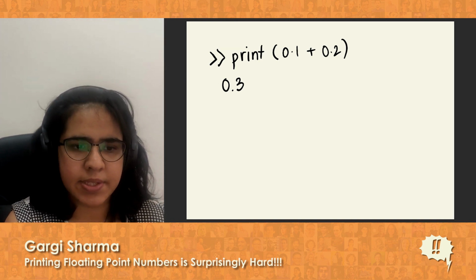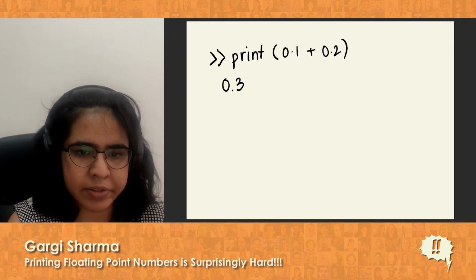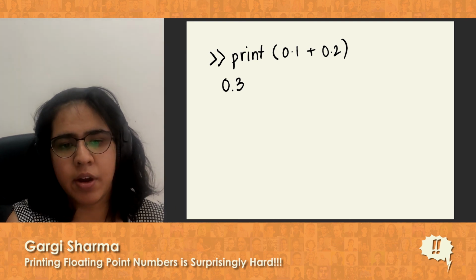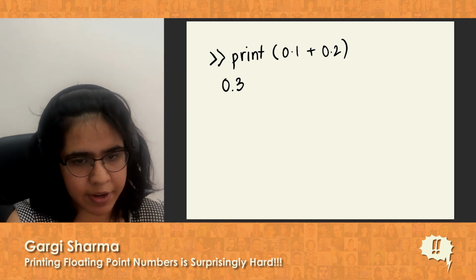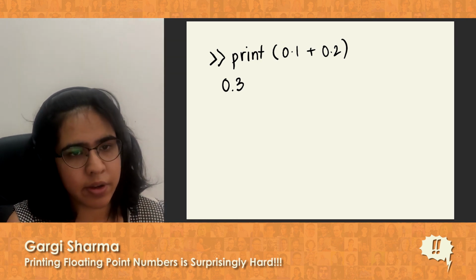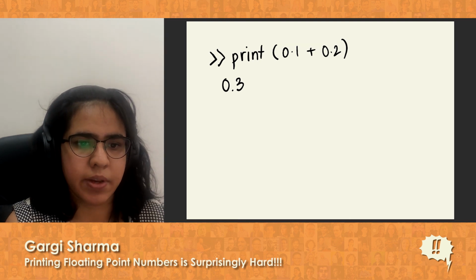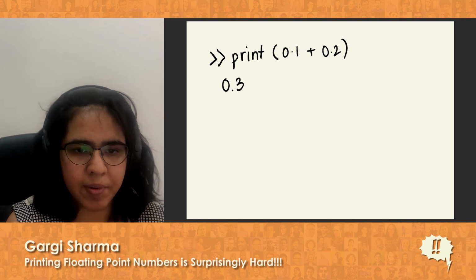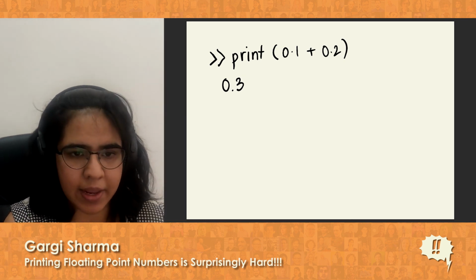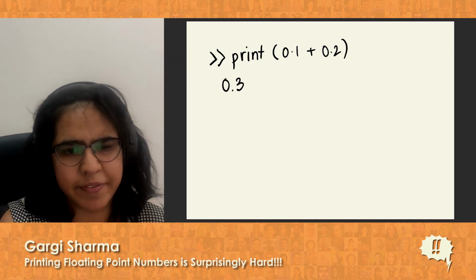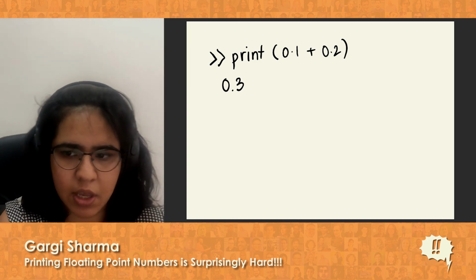So all the algorithms assume that the input problem is already solved, and that what they are solving is the printing problem. So in almost all languages, when you print 0.1 plus 0.2, you will not get 0.3, because the input problem is not solved by the printing algorithms.